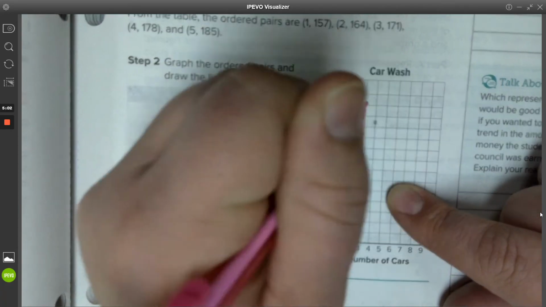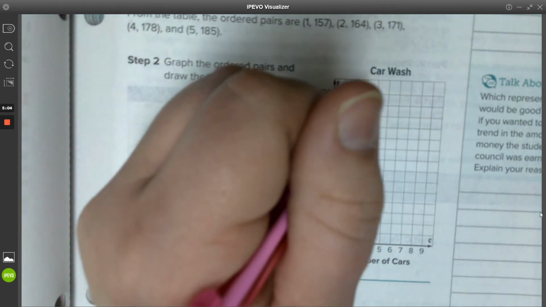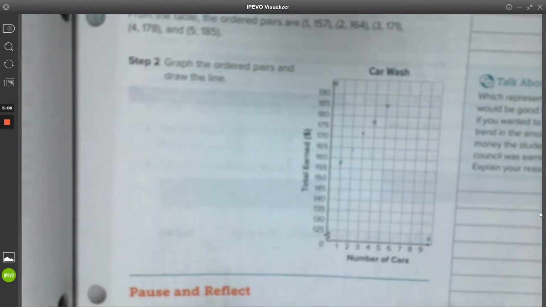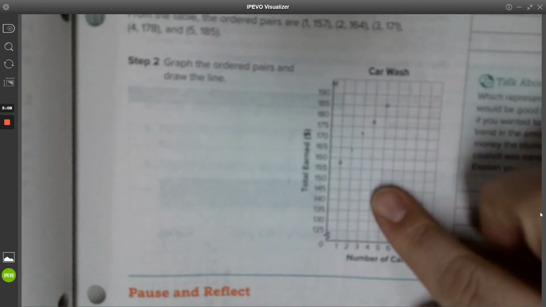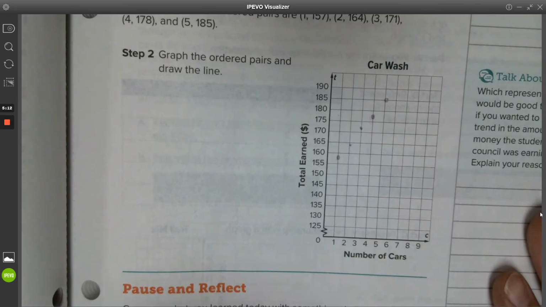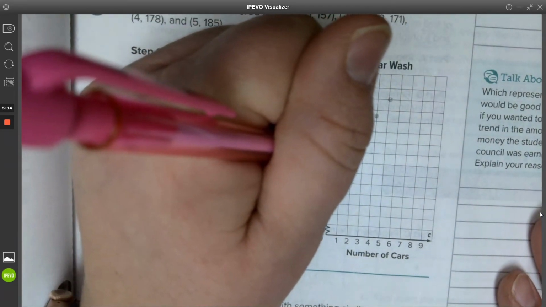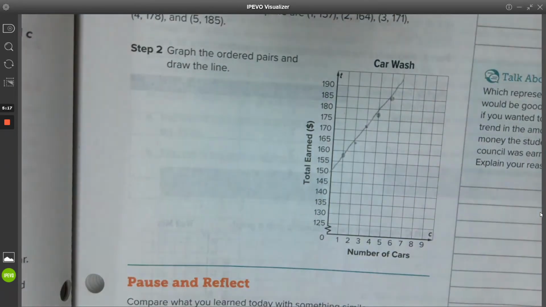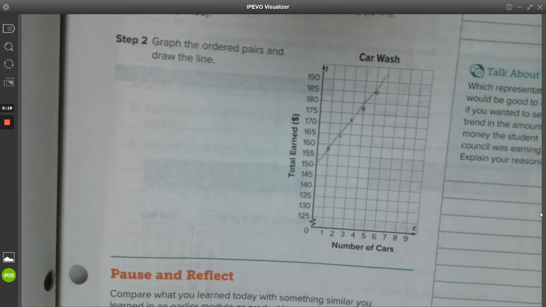You go right here. And 5 and 185. So we can then see the trend of our car wash. We can then draw our line. We started at 150. There we go. So that would be our graph.